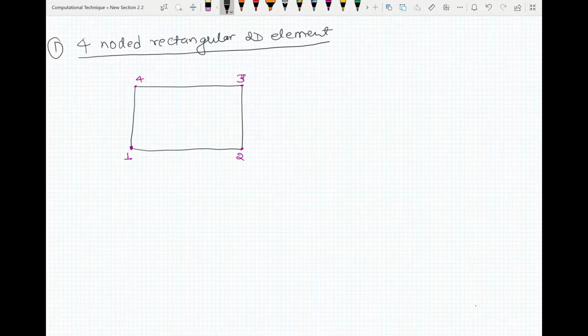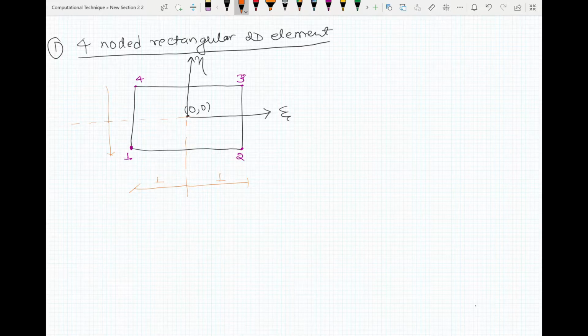Now if we assume our natural coordinates having origin at this point, which is 0, 0, and then this is the xi coordinate, this is the eta coordinate, you see that this length here will be 1, this length here will also be 1, even in this direction.